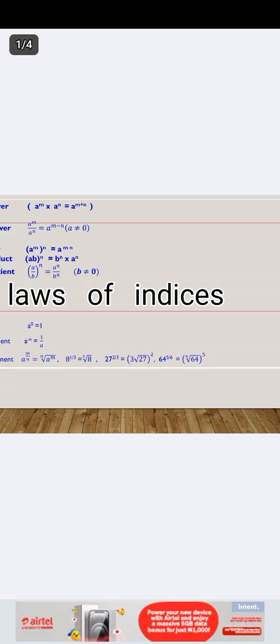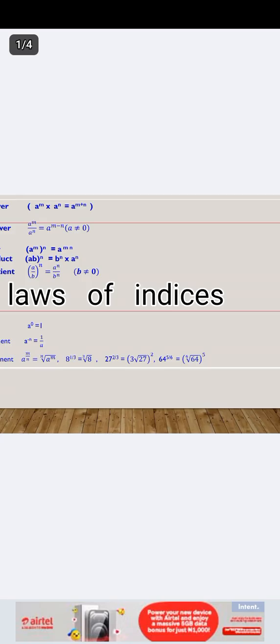Now, the word indices is the plural of index, which means powers or exponents. So in this tutorial, we'll be using these words interchangeably. When we say indices, it means power. It also means exponents.